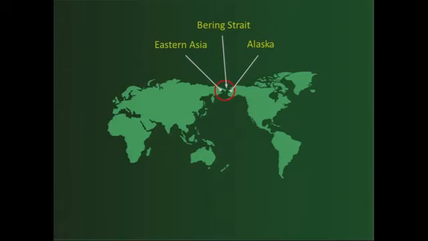Currently, the western tip of Alaska is very close to the eastern tip of Asia. They are separated only by the very narrow Bering Strait. In fact, many people believe that in the recent past, these two parts of the world were joined. But according to evolutionists and their theory of slow continental drift, this has only been so for around 10 million years.